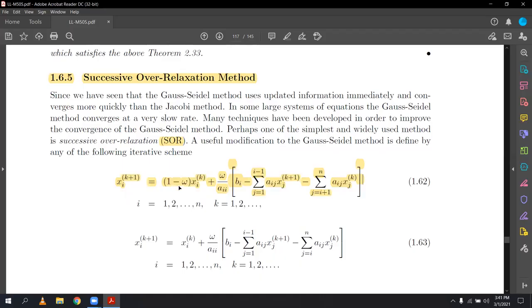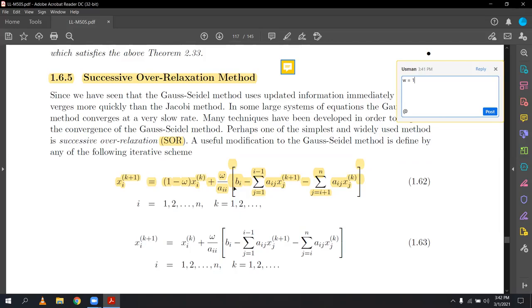If the value of omega is equal to 1, then this SOR formula becomes exactly the same as the Gauss-Seidel method, because when omega becomes 1, this term becomes 0, and this becomes 1 over a_ii, which is the formula of the Gauss-Seidel method.